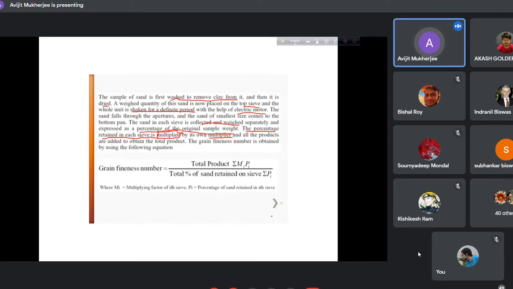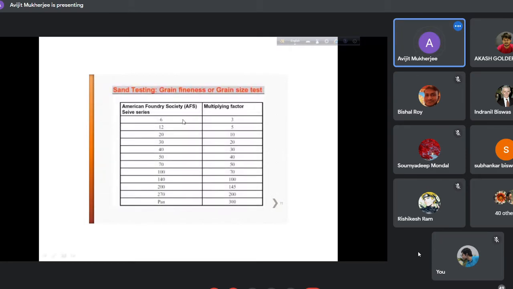Now, what is the concept? Say, this is as per the American Foundry Society, AFS, as I was telling, American Society of Foundry. So they introduced these 11 meshes or 11 sieves.